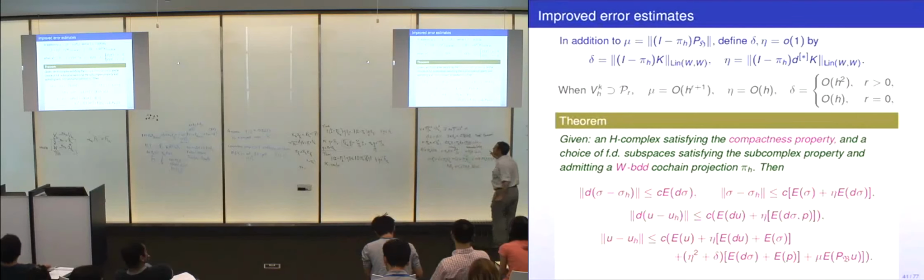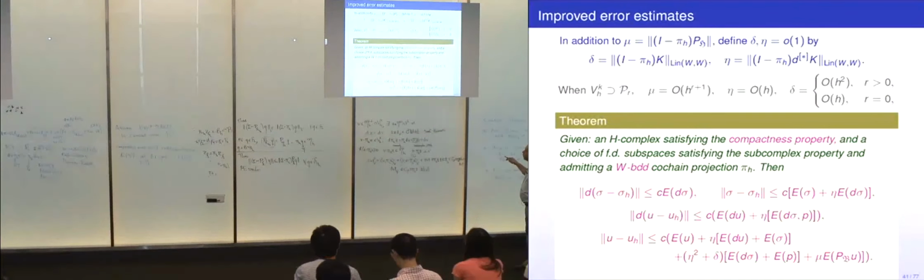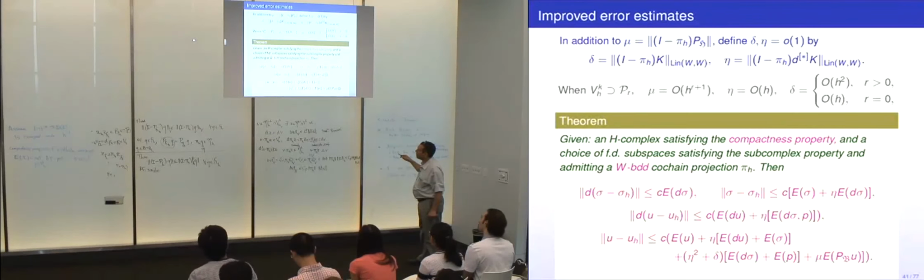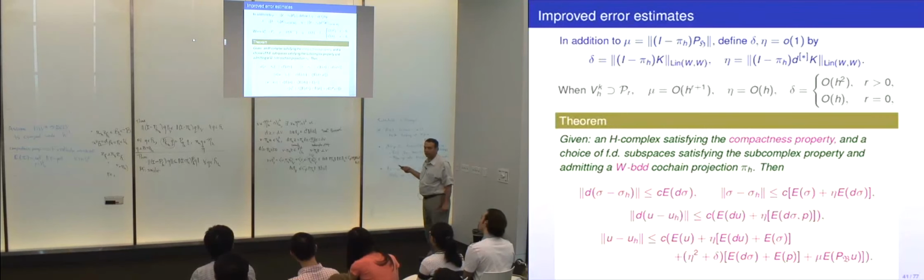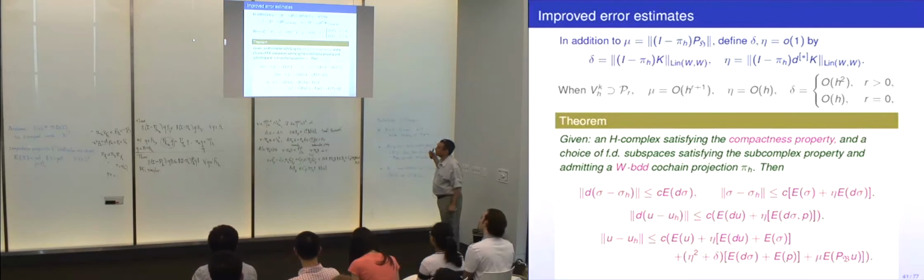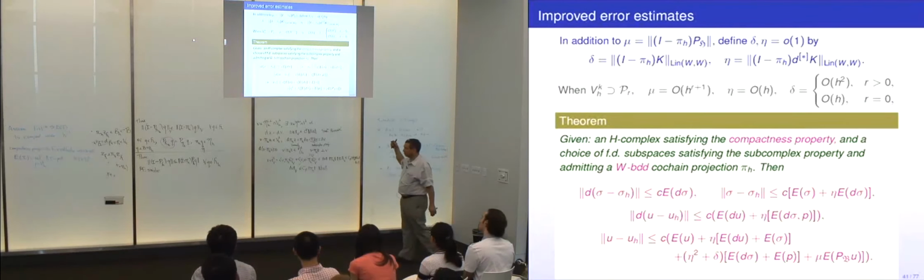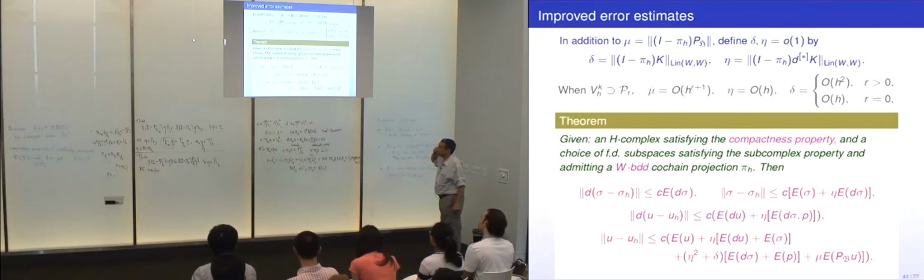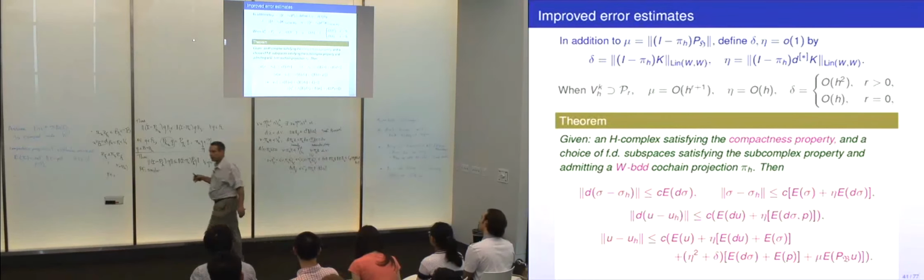The bound for u involves the best approximation of u, but also the best approximation of du with an extra pickup of h, also the best approximation of sigma with an extra pickup of h, also the best approximation of d sigma with an extra pickup of h squared, and so forth. So this is what you get if you follow it all the way through. We'll see that when we apply this to the de Rham complex and any of the mixed finite elements that we deal with, the P_r Lambda spaces and the P_r minus Lambda spaces, it turns out that if you have smoothness of the solution, every one of these terms is optimal order. So you get optimal order individually on every term for every choice of elements.